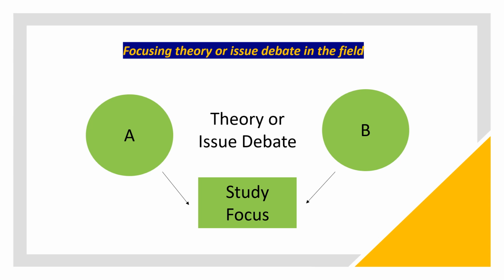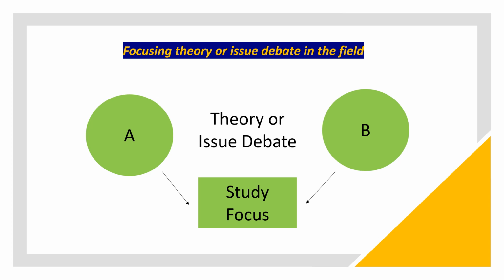So you can focus on what are the findings about A, what are the findings that support B. So based on these findings from previous studies about point A and then point B, you can get the study focus, which will be your opportunities for research, your research gap.